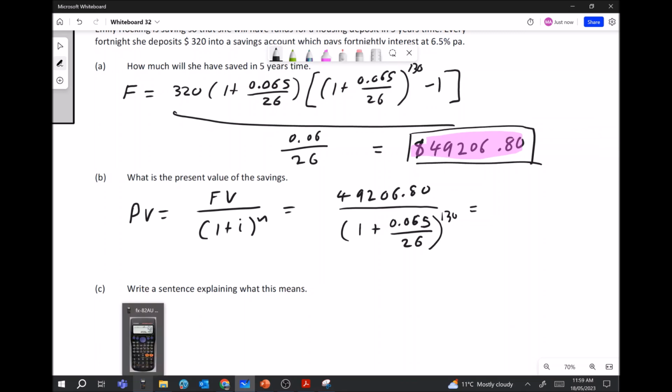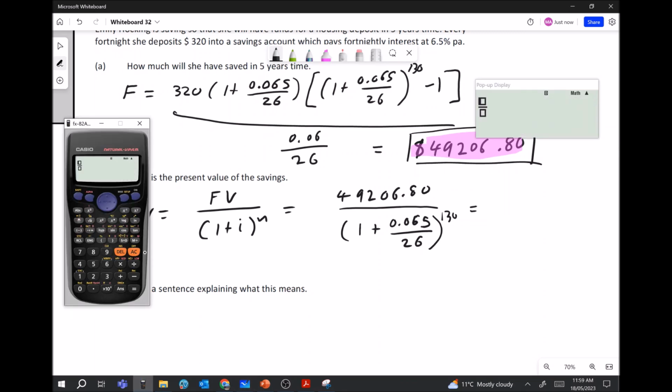So if we put this into the calculator, 49,206.80, 0.065, 26. Okay, and we get 35,567.68.